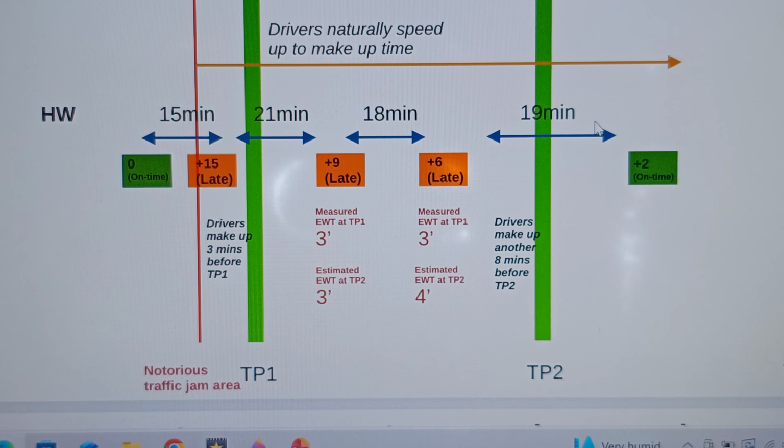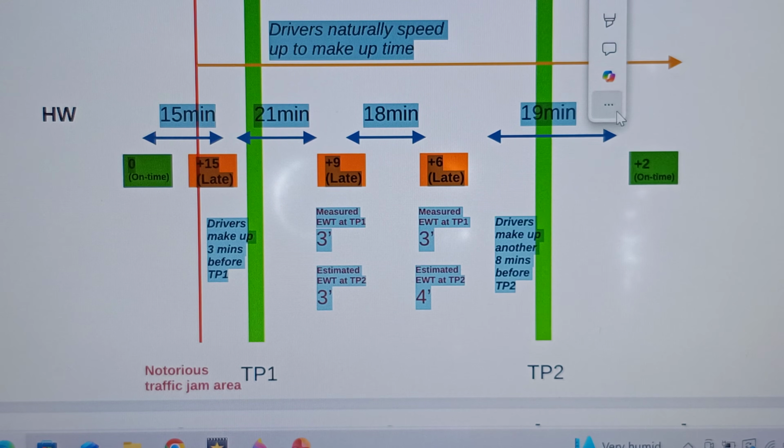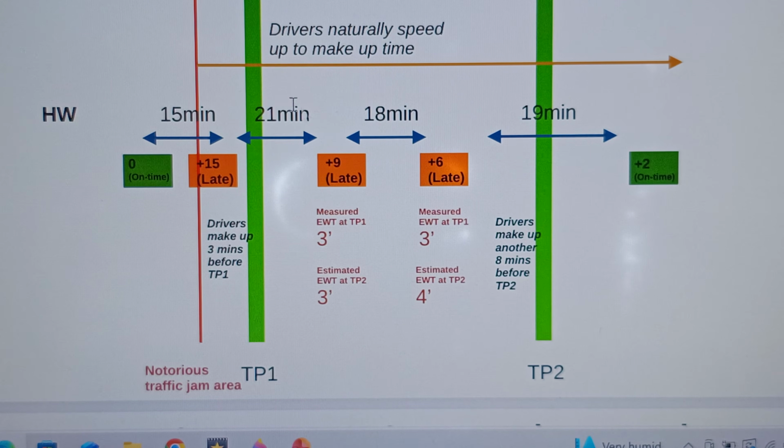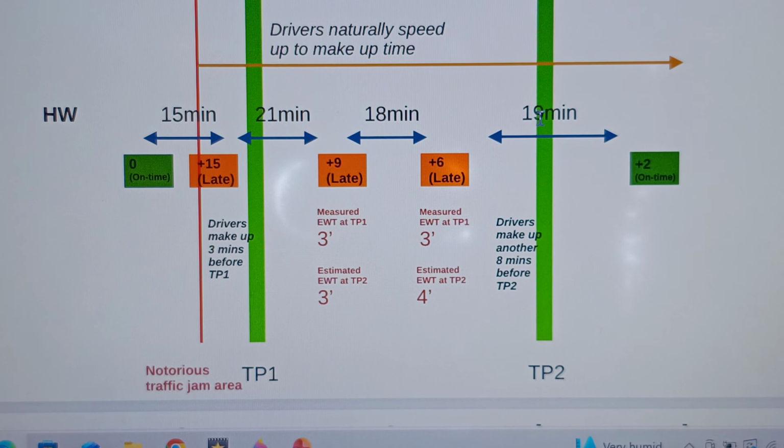And the whole reason why they came up with BSRF in the first place is to tackle this. If I were to exaggerate it, let's say this is something like 31 minutes, this is 15, this is probably 8 minutes, and this is 9 minutes. This level of inconsistency is the reason why this whole BSRF framework is even a thing. Not that I agree with it, but this is what they're trying to solve.